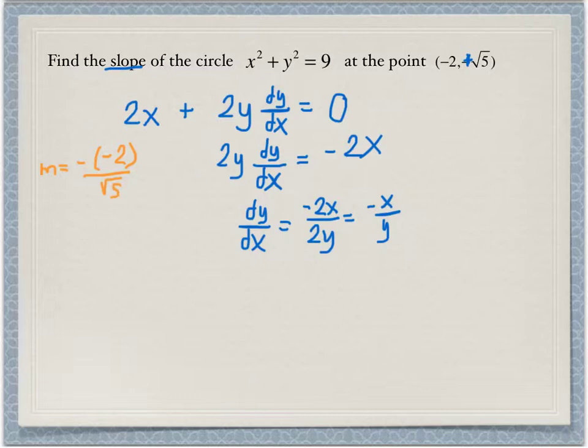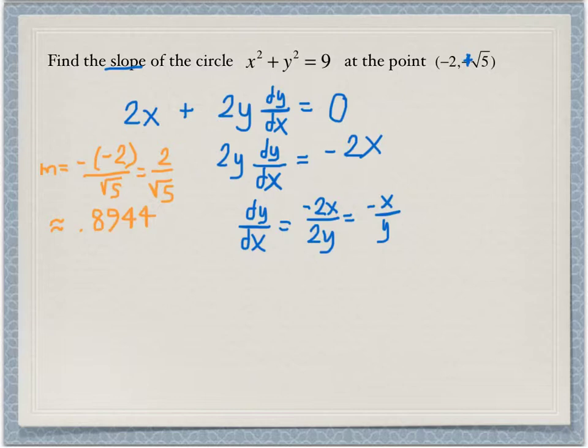So basically, that's going to be 2 over the square root of 5. And for the benefit of our next slide, if I figure out what that is as a decimal, that's 0.8944 approximately. Okay, so at that particular point, there's my slope. And now I just need to, for instance, come up with an equation.